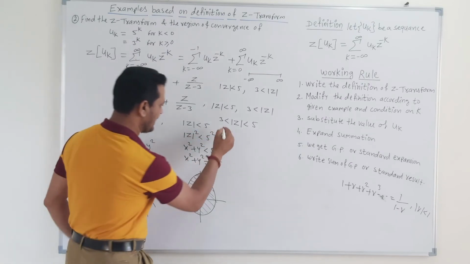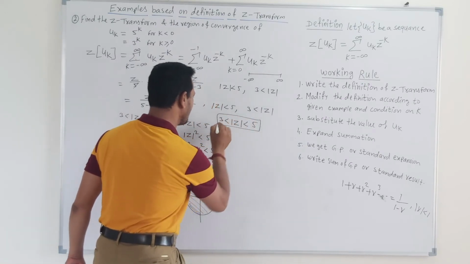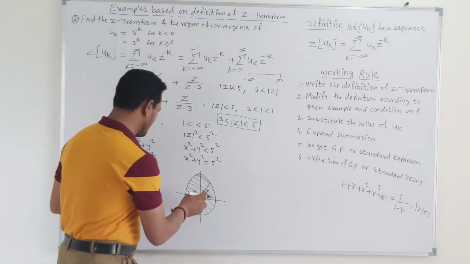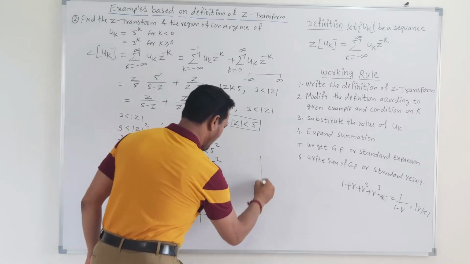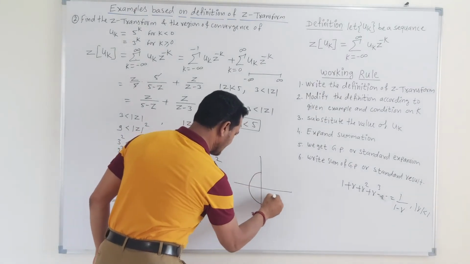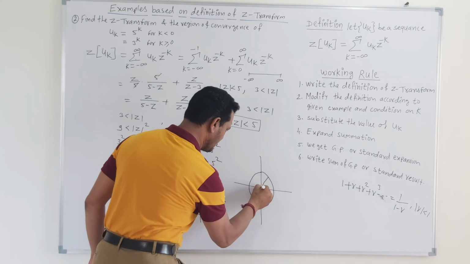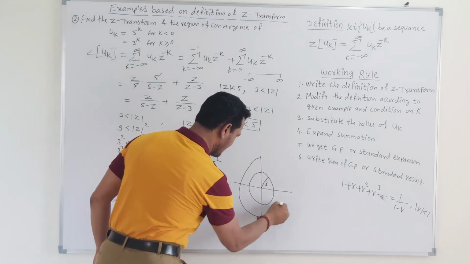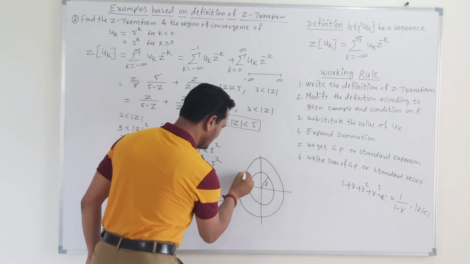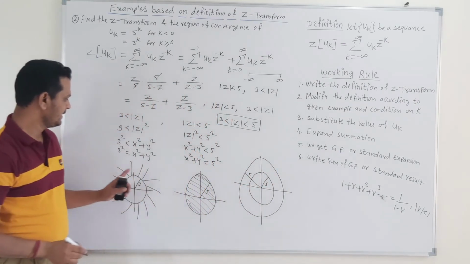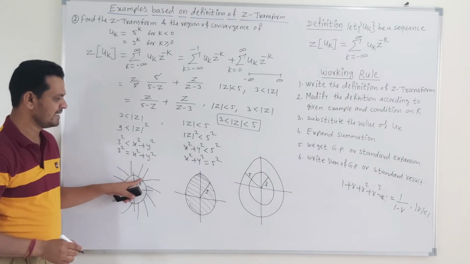But if we write this condition as mod of z lies between 3 and 5, then after combining these two figures, we get the region of convergence as follows. This is the circle having center at origin and radius 3. Then this is another circle having center at origin and radius 5.